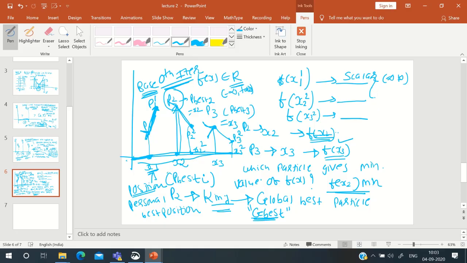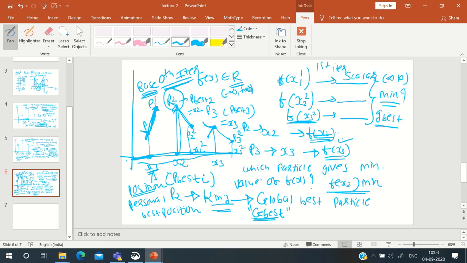Now, same procedure: among these three newly obtained function values, find out which one is the minimum one, right? And now if you find that this function value in the first iteration is minimum, then in the first iteration this one is the G best particle, the global best particle.